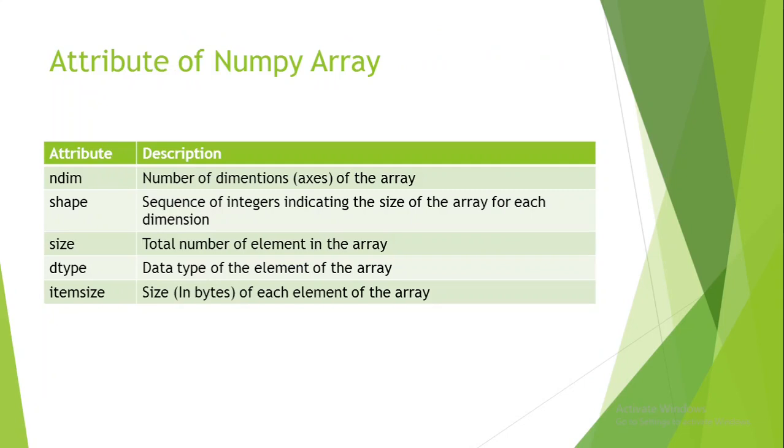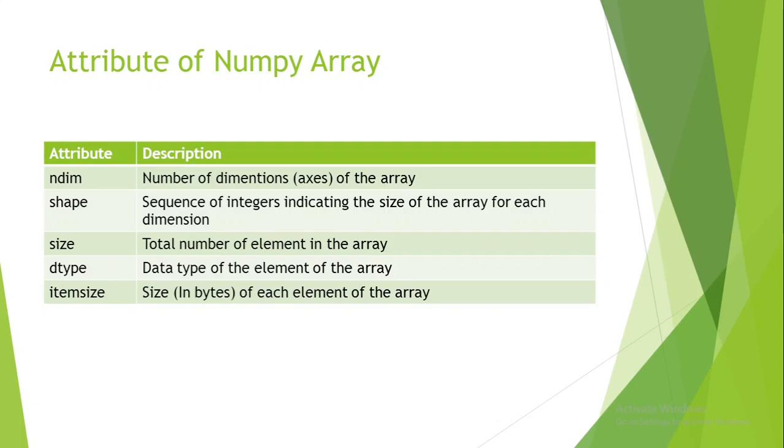So what are the attributes of arrays? As we go into NumPy arrays, we will see the attribute ndim, which gives the number of dimensions, or axes, of the array. Then we have shape. Shape is a sequence of integers indicating the size of the array for each dimension. And what do we mean by dimension?